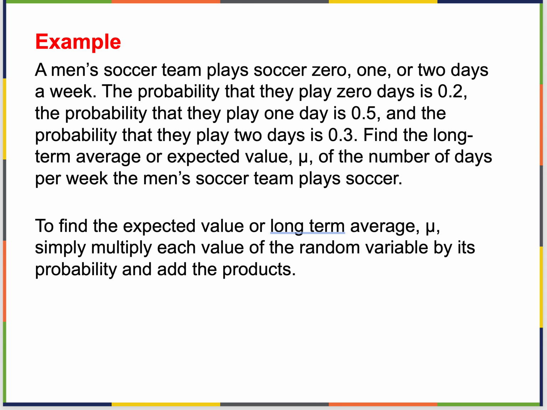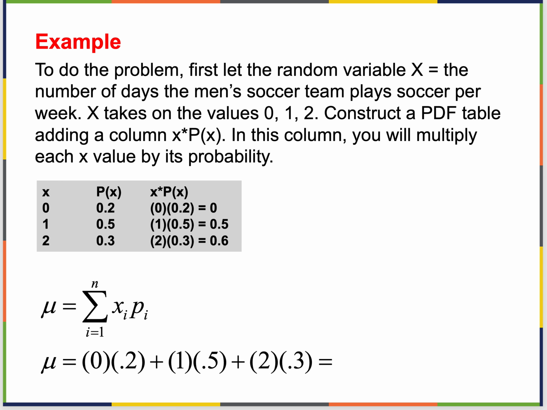Find the long-term average or expected value, or the mu, of the number of days a team plays. Well, you can do this just like I did with the other problem, but you will get these probabilities of 0.2, 0.5, 0.3, and then if I multiply the three together and add them up, what do I get? I'm going to get 1.1, so their average is 1.1, but that makes sense.